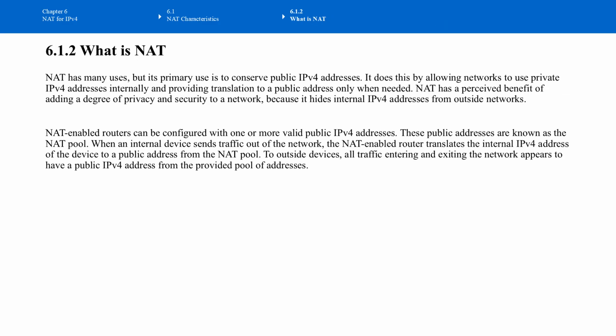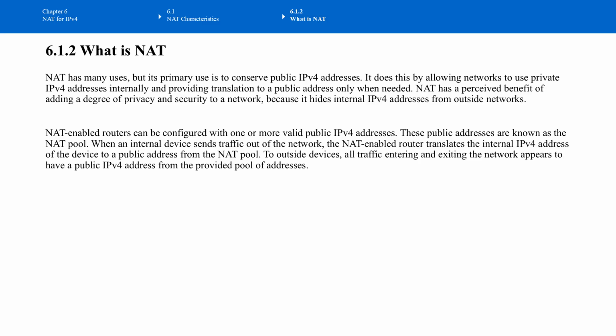NAT has many uses, but the primary use is to conserve public IPv4 addresses. NAT-enabled routers can be configured with one or more valid public IPv4 addresses. These public addresses are known as the NAT pool.